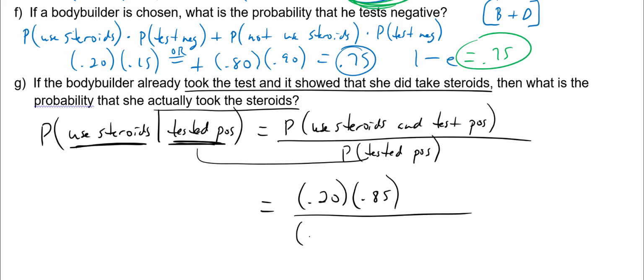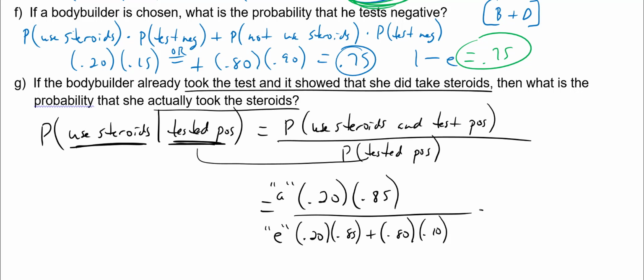Okay, so I can write this out again. 0.20 times 0.85 or 0.80 times 0.10, which was letter E, and the 0.17 was letter A, just to give you a little reference there.